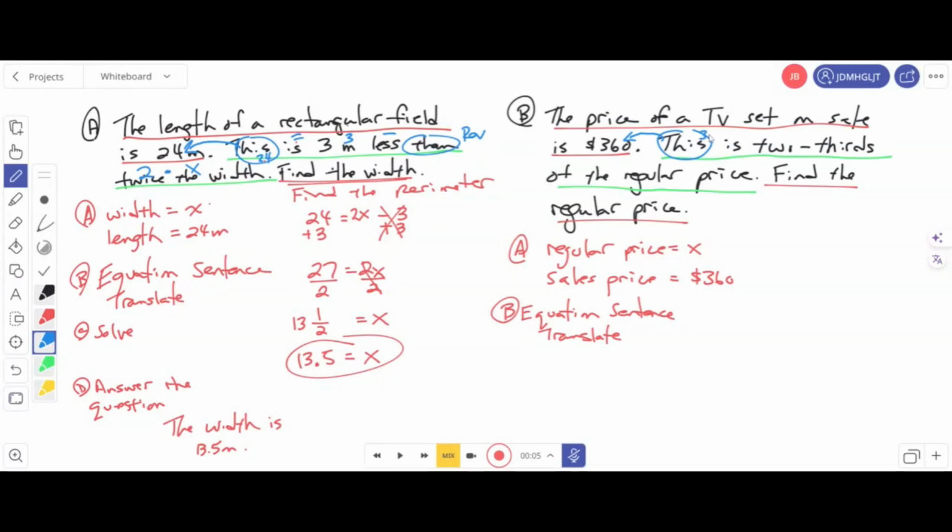It's 360. 360 is equals, 2/3 is a fraction, of is times the regular price, X. 360 equals 2/3 of is times X. There's our equation.